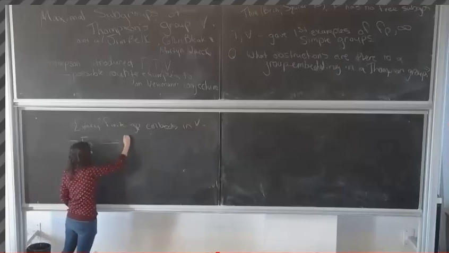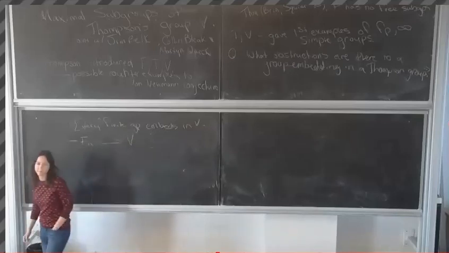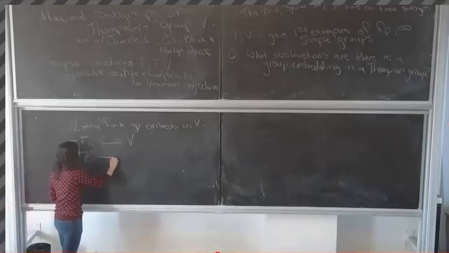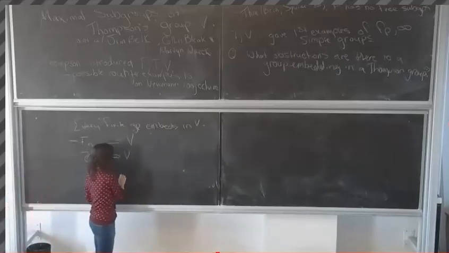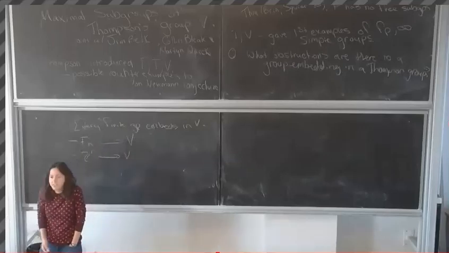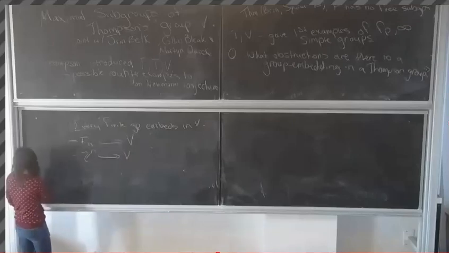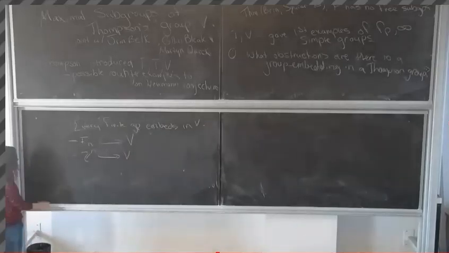So free groups embed in V for any size free group you want. Z to the n embeds in V, et cetera, et cetera. And in general, it's a hard question to say what groups maybe don't embed in V. But it is a fact that there are groups that don't embed into V.